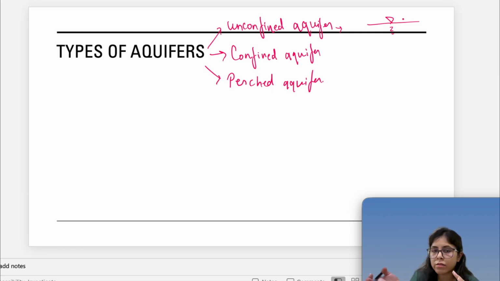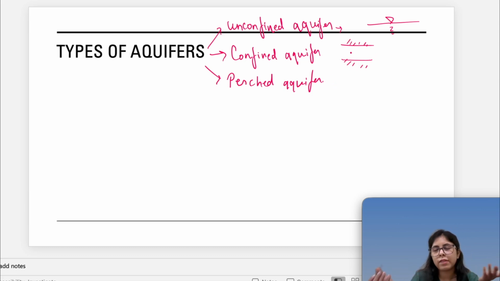But a confined aquifer is the one which is confined or held from both sides. There will be an impermeable layer on the top also, so the water table will not be on top of it. If there is an impermeable layer, there will be artificial pressure on the water stored in it. So it is a confined aquifer. Now what's a perched aquifer?